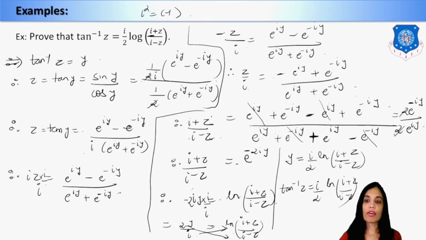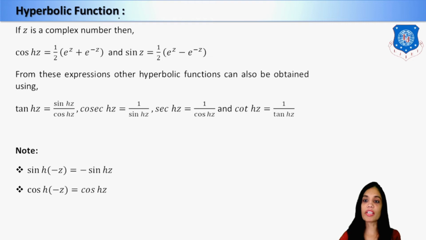Okay. So now let us go to the next topic, that is hyperbolic function. If z is a complex number, then cosh z is equal to 1/2 (e^z + e^(−z)), and sinh z is equal to 1/2 (e^z − e^(−z)).